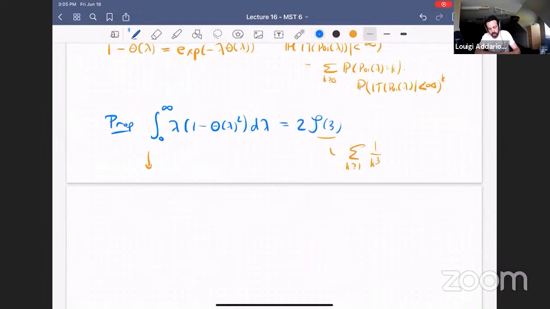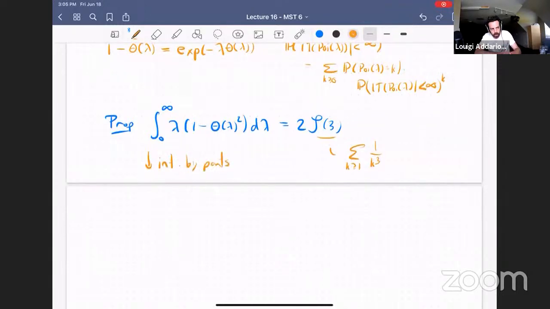So first, if you do integration by parts here, so you integrate up the lambda, you'll get lambda squared on 2, and here you'll get like 2 theta prime. That's the first integration by parts.